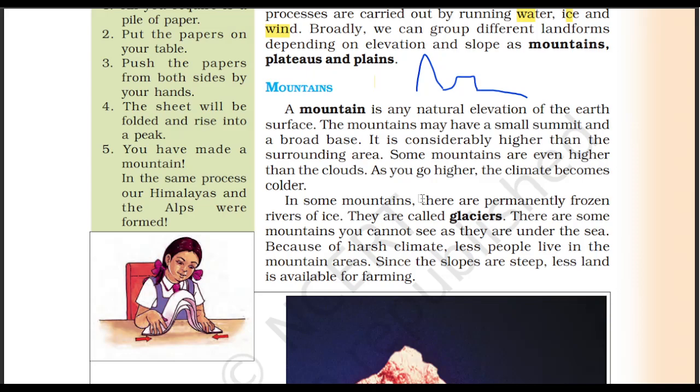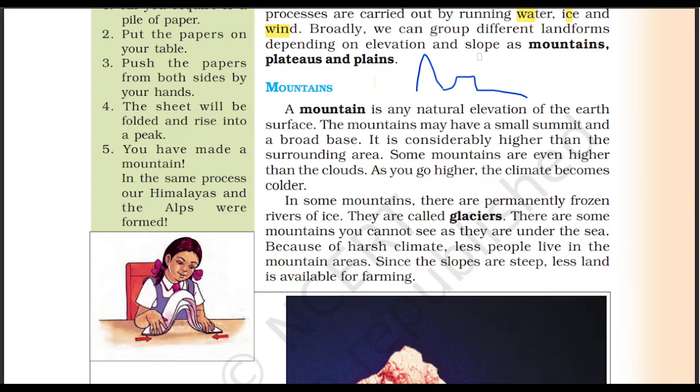There are some mountains you cannot see as they are under the sea. Because of the harsh climate, fewer people live in mountain areas. As I draw, this is mountain, plateau or plain, and this is an ocean.